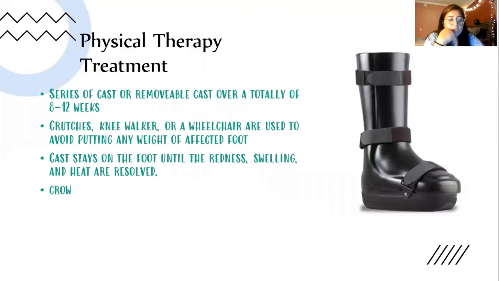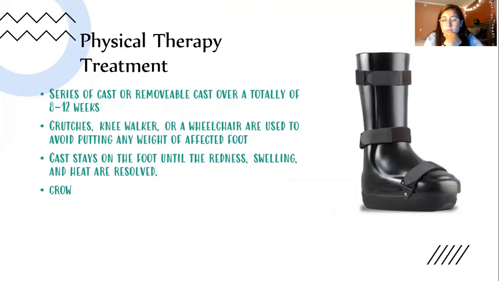Some physical therapy treatments: we have a series of removable casts over a total of 8 to 12 weeks. We also have crutches, knee walkers, or wheelchairs used to avoid putting any weight on the affected foot. At first you wouldn't identify it, but once you're diagnosed with Charcot foot, you are to be non-weight bearing to prevent further damage.